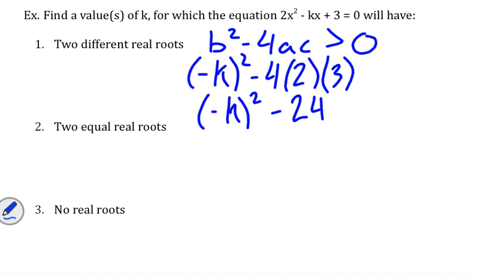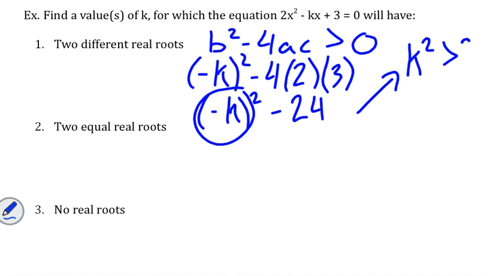Okay, so k squared then needs to be greater than 24, because negative k or k are going to be the same thing, this value right here. So k squared needs to be greater than 24. So that means that k has to be greater than the square root of 24.